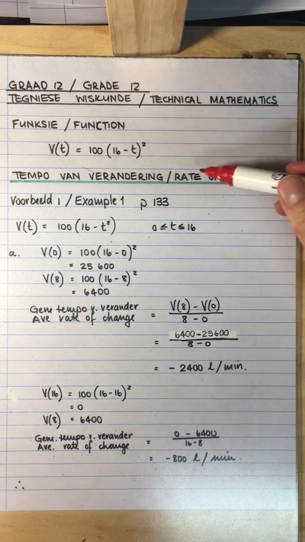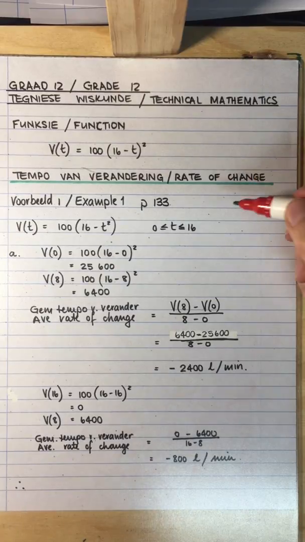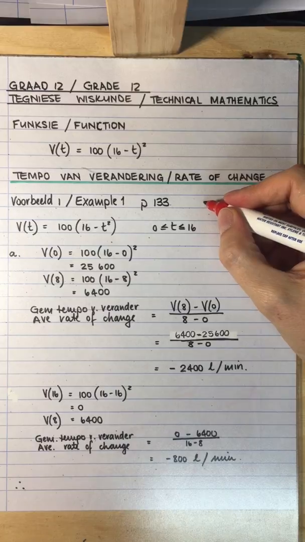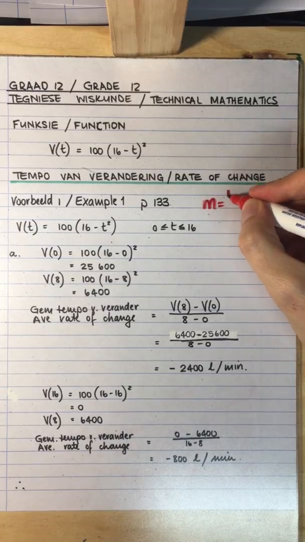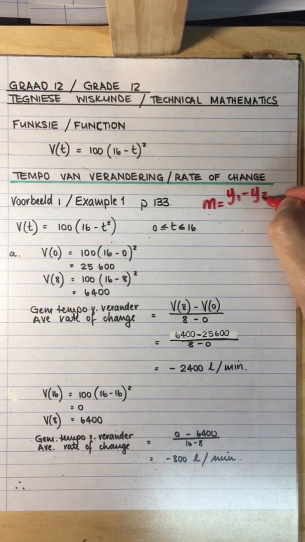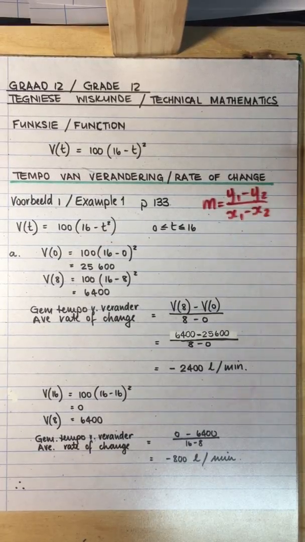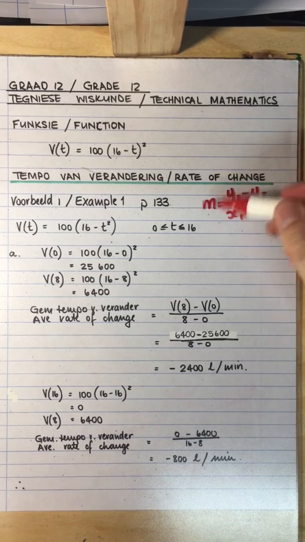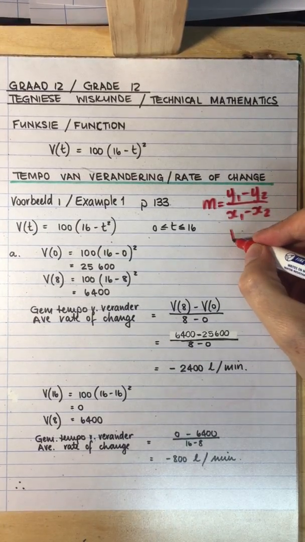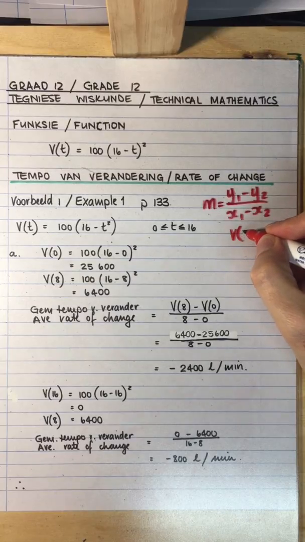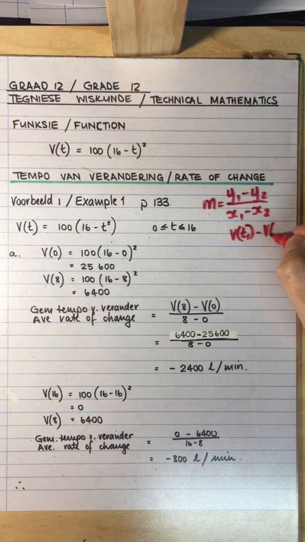Now the average rate of change is similar to the average gradient, which we already calculated using a very familiar formula. However, in this calculation for the average rate of change, we are going to work with the volume and the time.